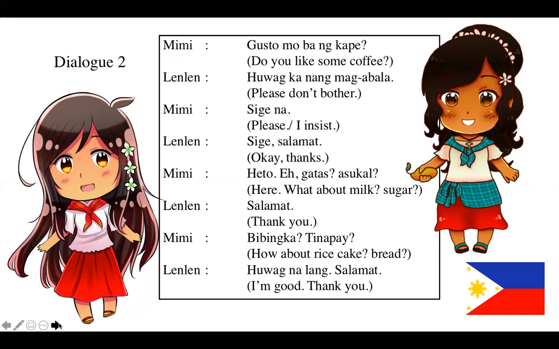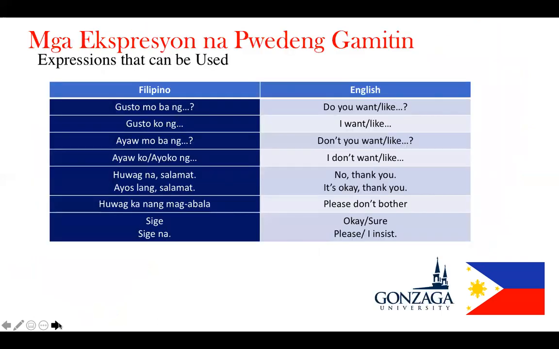Okay, so if we are to wrap up some of the expressions used there, we have gusto mo ba ng, and then you put the noun there. Do you want or do you like blank? So what's the noun there? Gusto mo ba ng saging?